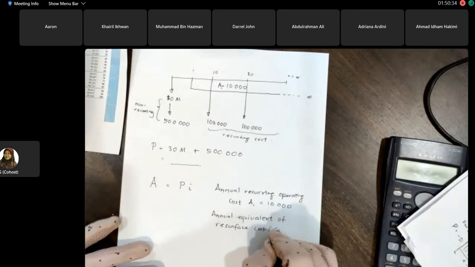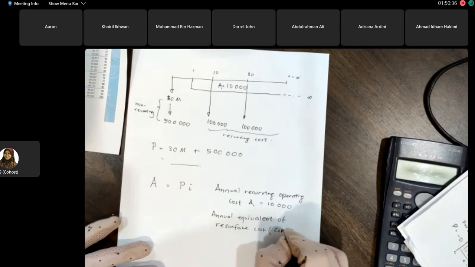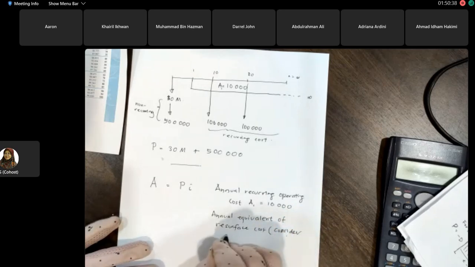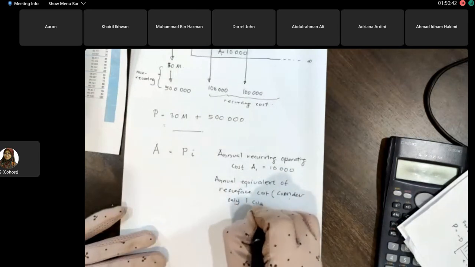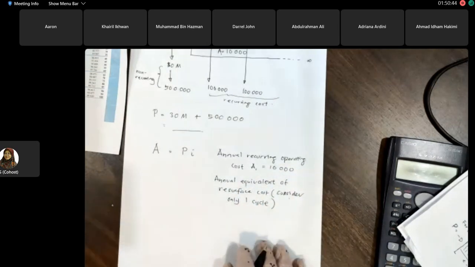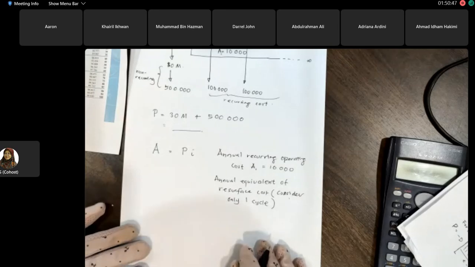Actually, this one you have to consider only one cycle. You consider only one cycle.